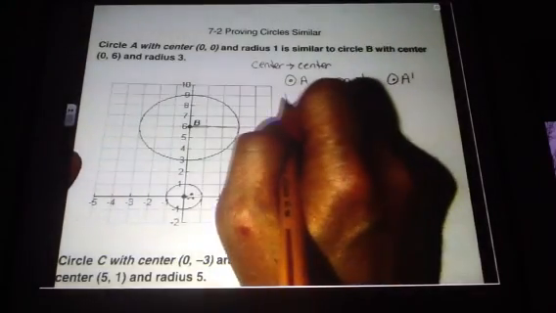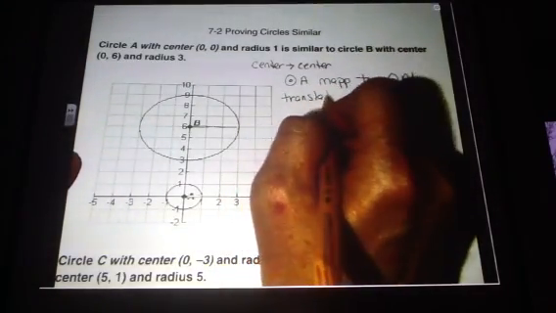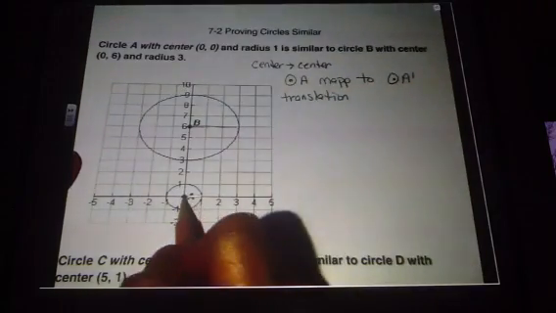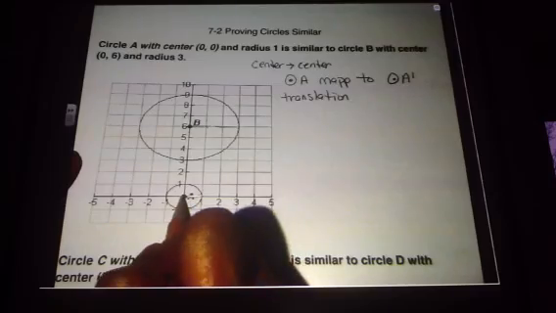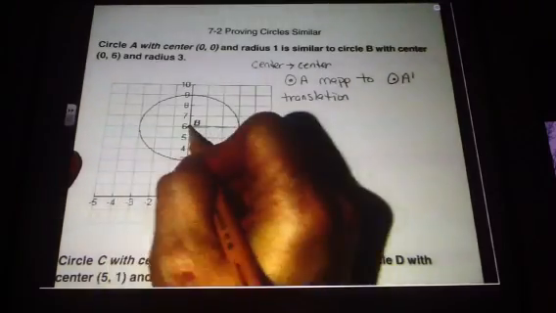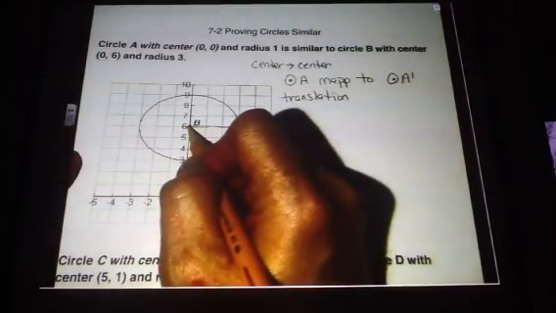And when I do this, I have a translation. I'm going to take this circle right here, and I'm going to move it. I'm not going to move it left or right, but I'm going to move it up so my center is on top of the center of circle B.